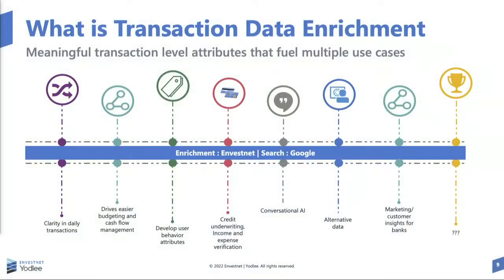So what I claim is, if you go from that cryptic transaction description to the entities that you can extract out of it, and do it correctly and the right way, there are some use cases that I have listed. There's clarity in the transaction description. If I'm an end customer of a bank and I'm looking at my transaction, I clearly know what merchant it was, what category of transaction it was, and what geolocation it was.